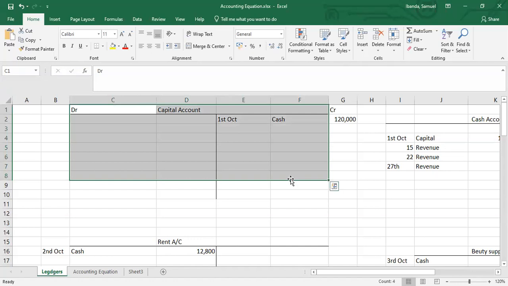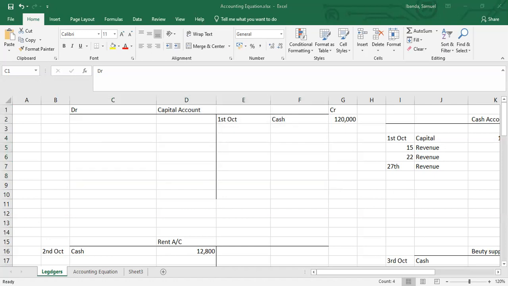Now, today we want to interest ourselves in something different. That is, from ledgers, we want to see how we get items from our ledgers to the trial balance and then to the financial statement.